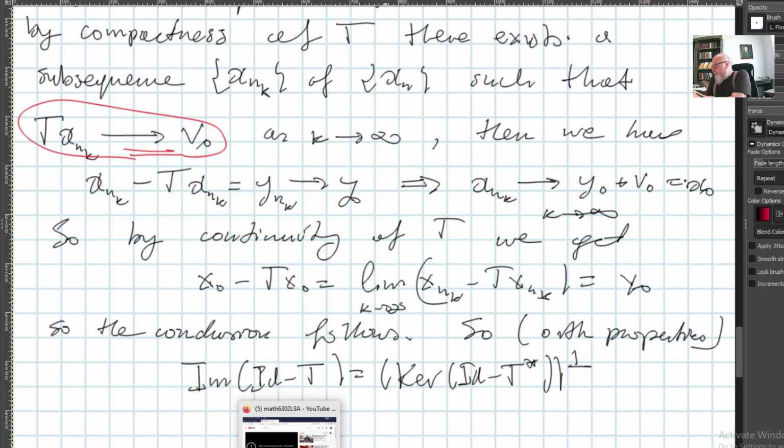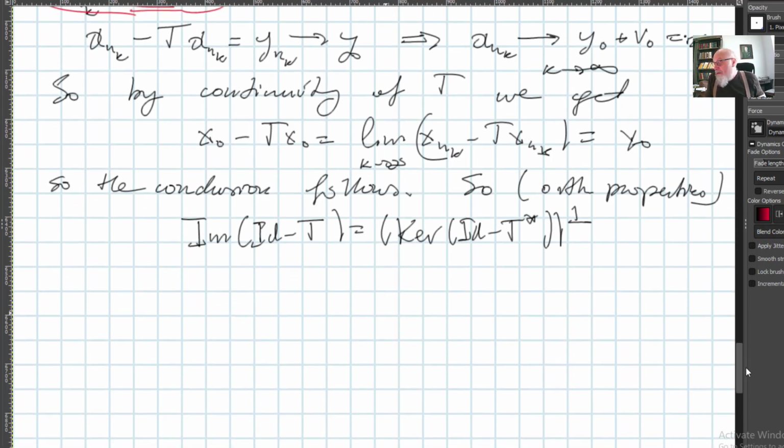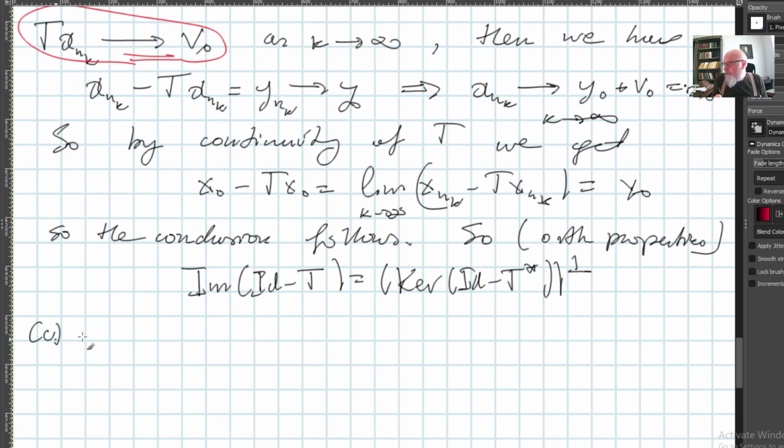So now, let's say we need to show the number c. So let's say we first prove this implication.